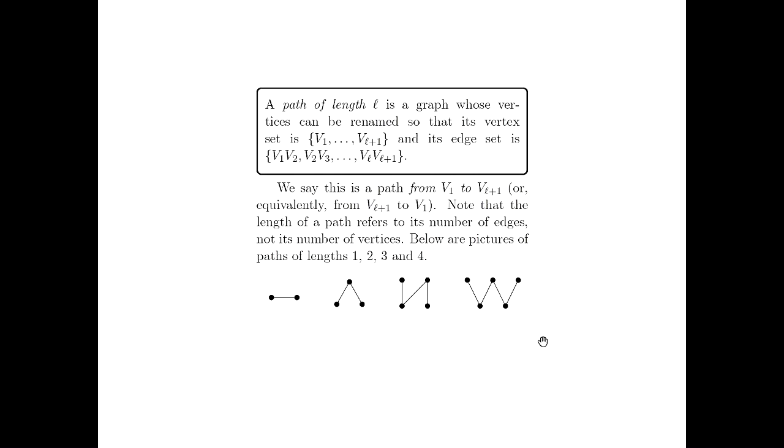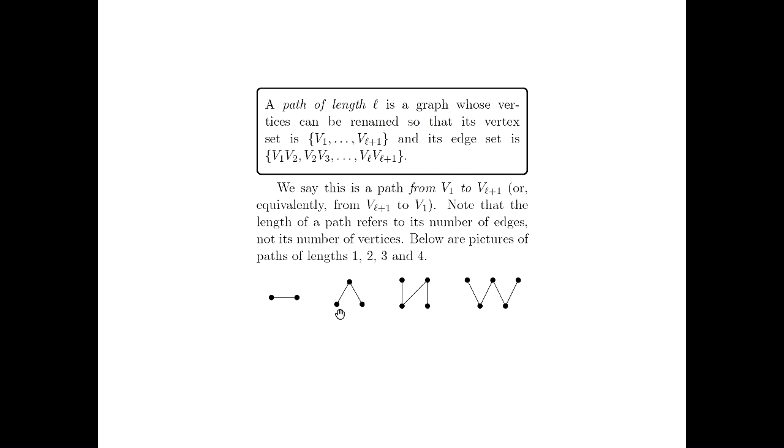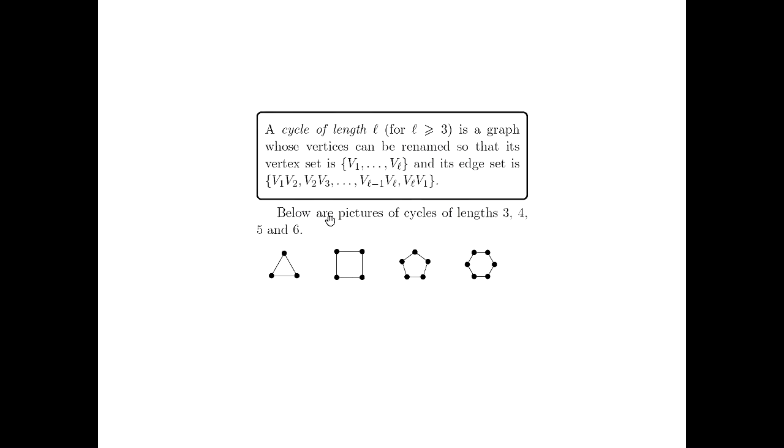Okay, that's paths. So we've done complete graphs. We've done paths. Next thing is cycles. These have just one more edge than the paths did, really. Notice again, we don't care what the vertices are called. All that matters is that we can put them in a circle, or a cycle, if you like.